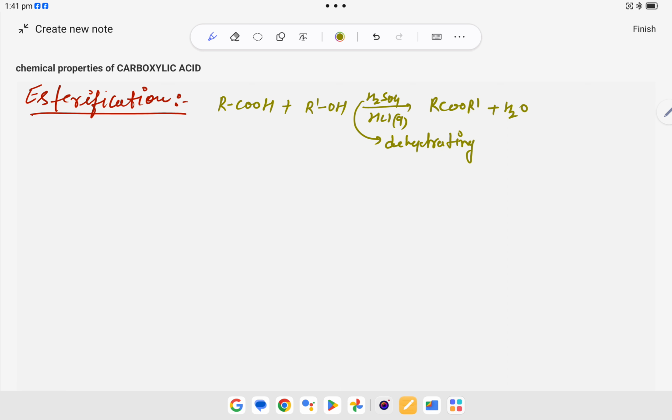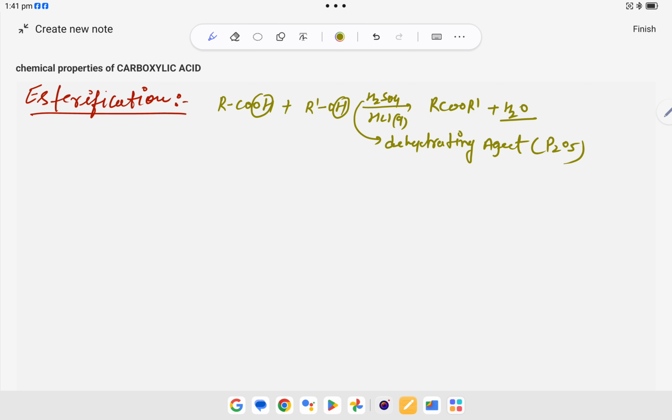H2SO4 is our dehydrating agent. In that place you can use P2O5 also, it will do the same work. So from here you have to remove OH and from here H, water becomes free, and the remaining is your ester.